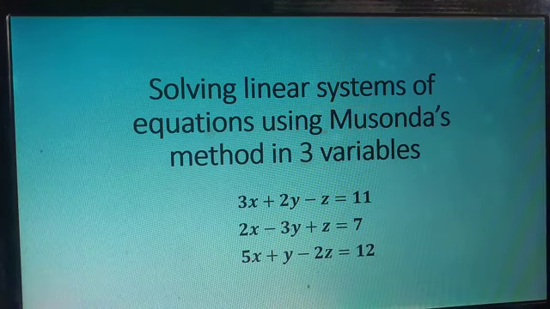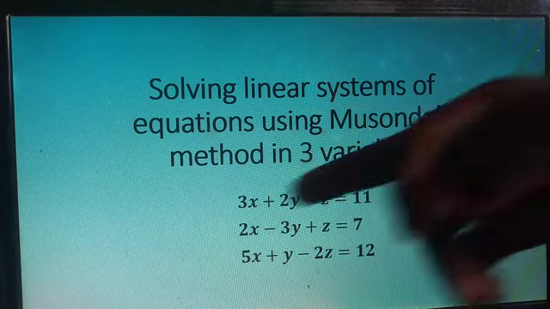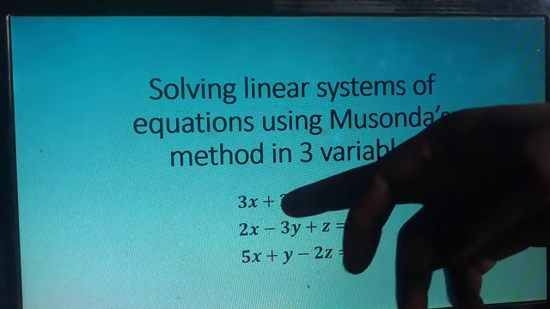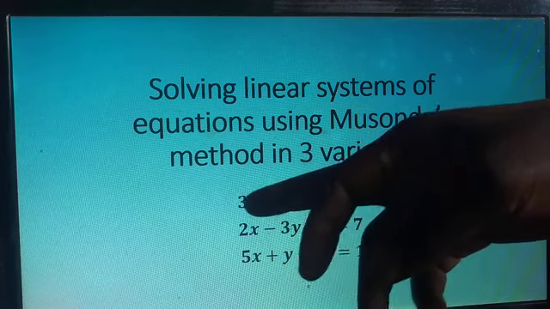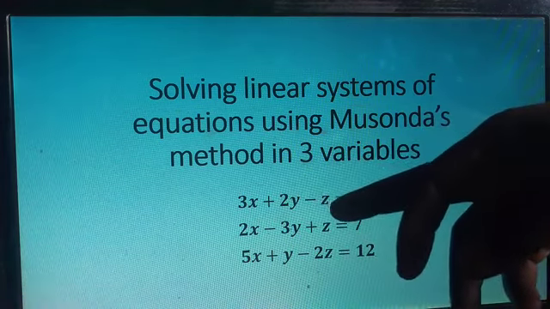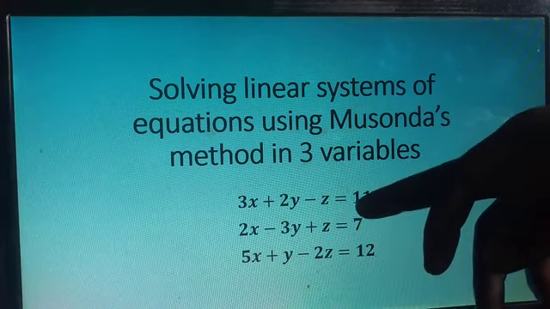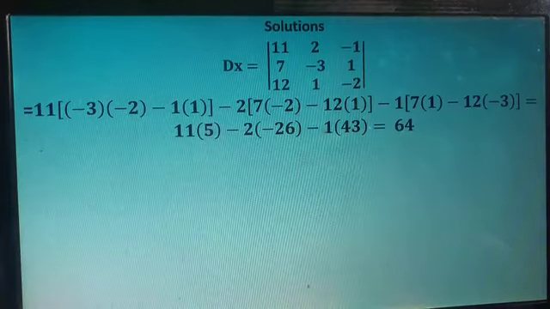While the constant here, which is our d, is simply 11. So I have A1 as 3, B1 as 2, C1 as negative 1, and my D1 is positive 11. So we get back and see how the denominator is in fact found.